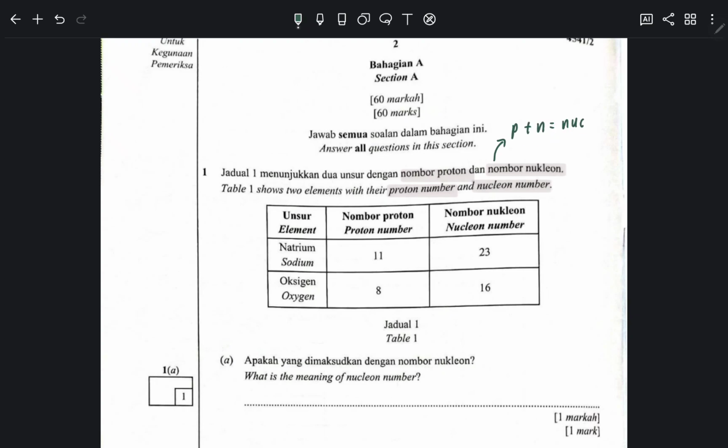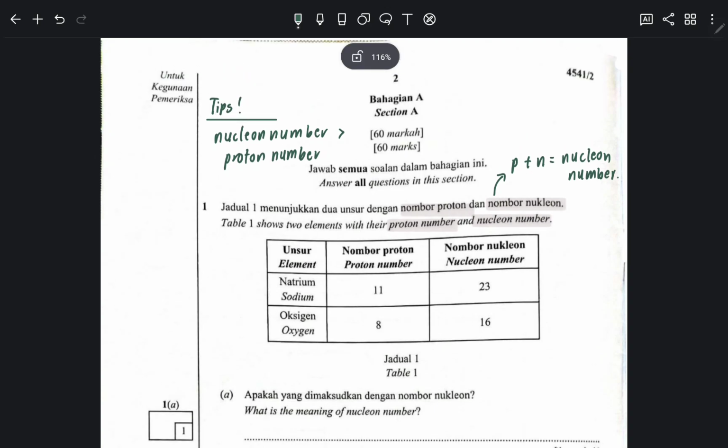In most cases, your nucleon number will be bigger than your proton number. A way to identify, if they give the standard representation, the bigger number is the nucleon number and the smaller number is the proton number. That's a way to determine. This is one of the tips. I've given you one tip.